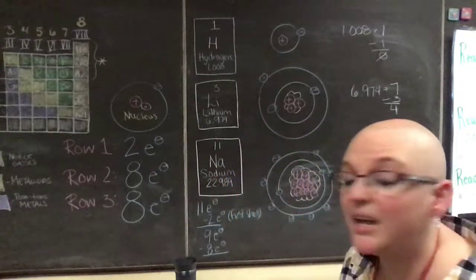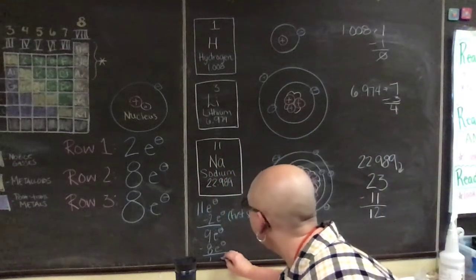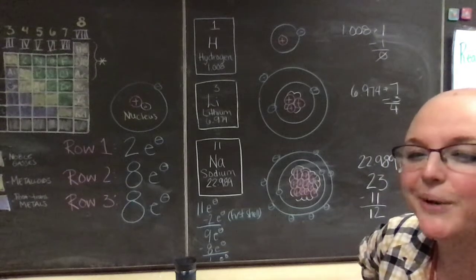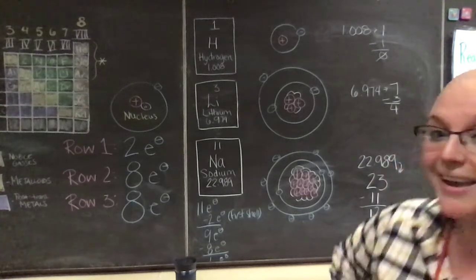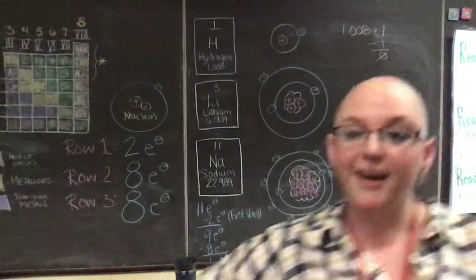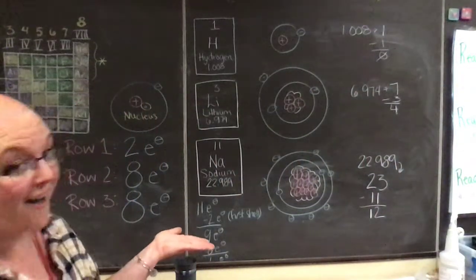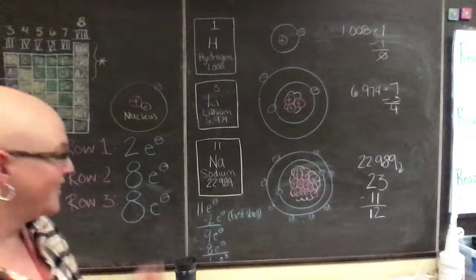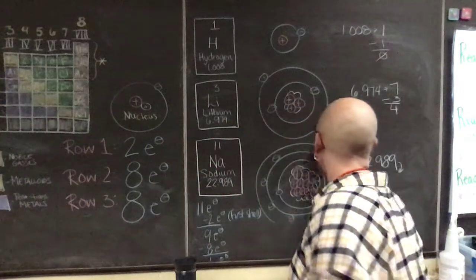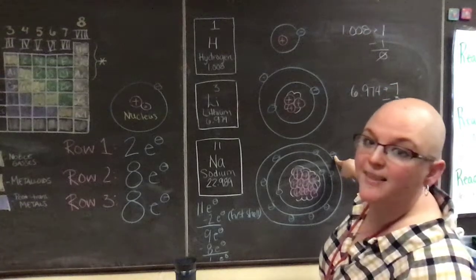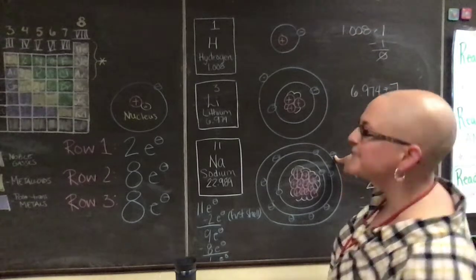That leaves me with 1 rogue electron with no home. But can I give it a home? Can I build it a home? Can I give it its own third shell? I sure can, friends. So I'm going to put a third ring with 1 electron hanging off the end.